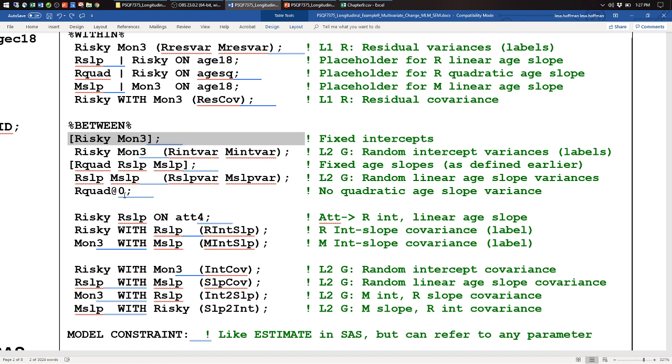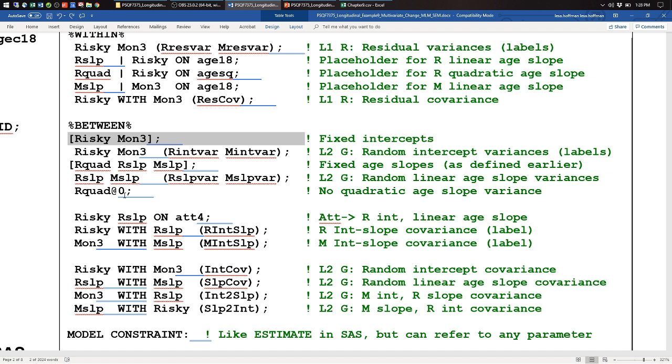So in this case, I'm referring to the fixed intercept for monitoring, which is going to be the expected value of monitoring at age 18. So it's an intercept. Likewise, this is the fixed intercept for risky, which is the expected risky behavior at age 18 according to the model. So they're both intercepts.